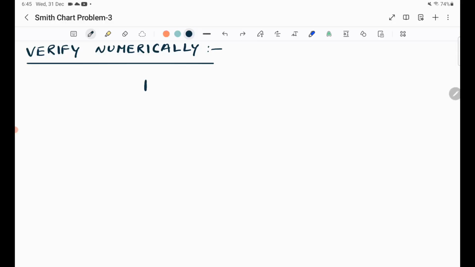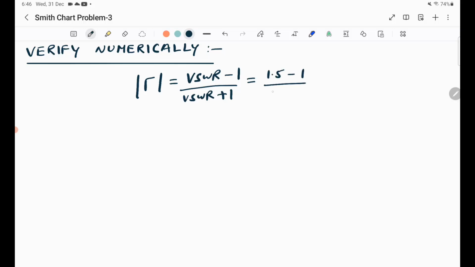Now we know that the magnitude of the reflection coefficient, mod of gamma, is given as VSWR minus 1 divided by VSWR plus 1. So with VSWR given as 1.5, it is 1.5 minus 1 divided by 1.5 plus 1. So this value is 0.2. The expression of theta is equal to pi plus 2 beta L. Now this L is L min. So this becomes pi plus 2 into beta, which is 2 pi by lambda.